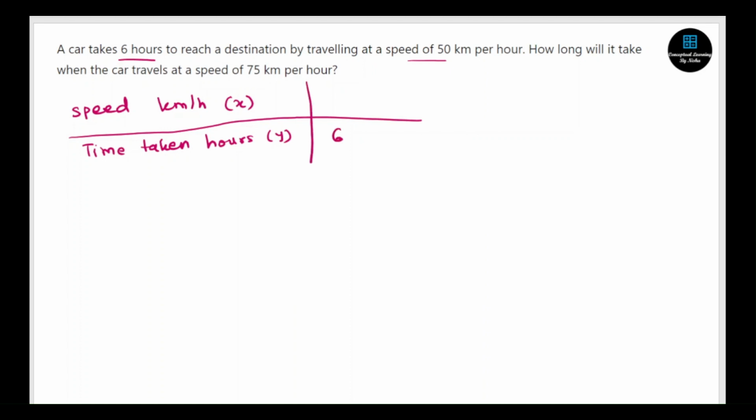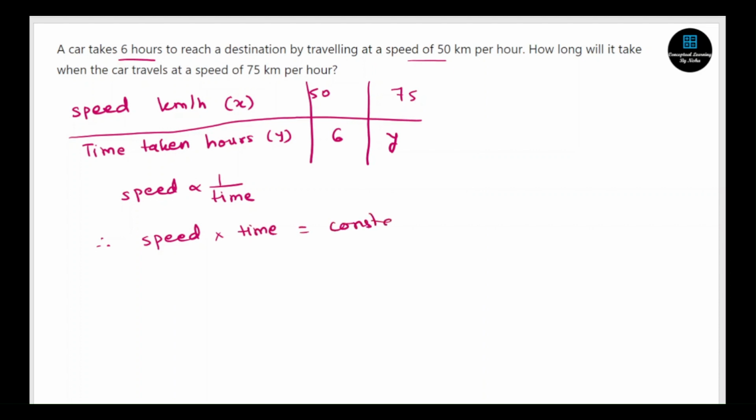Now what they are saying: it takes 6 hours at a speed of 50 kilometer per hour. And how long will it take if the speed is 75 kilometer per hour? So we have to find this value of y. Speed is inversely proportional to time, so speed into time is constant. Now I'll take x1 y1 equals x2 y2.